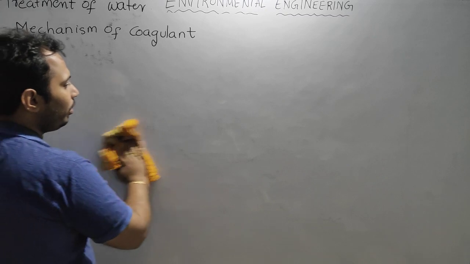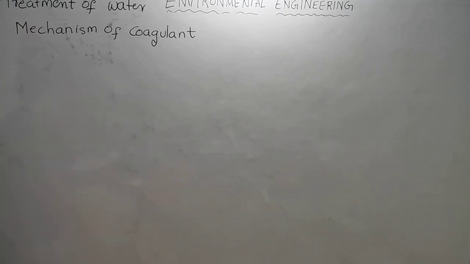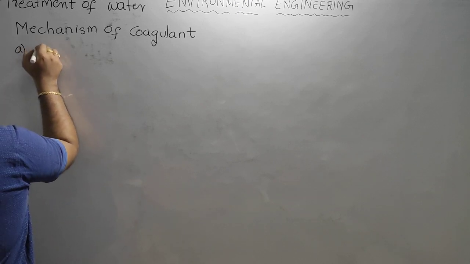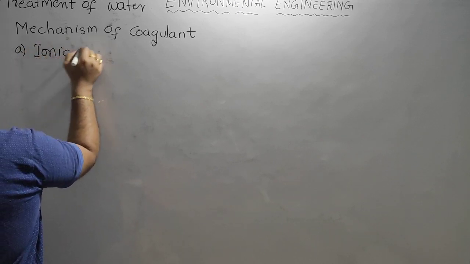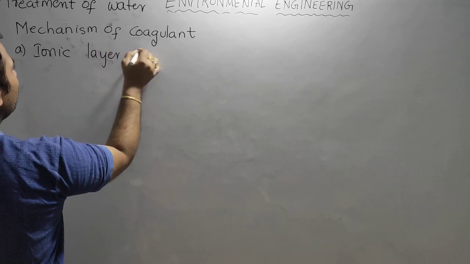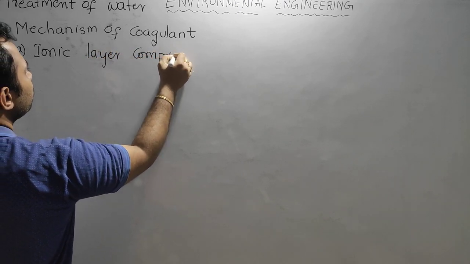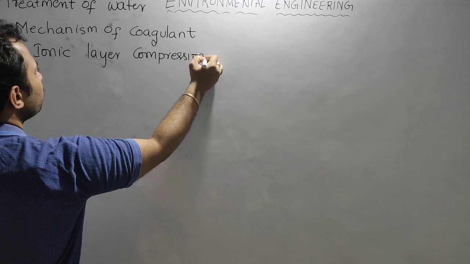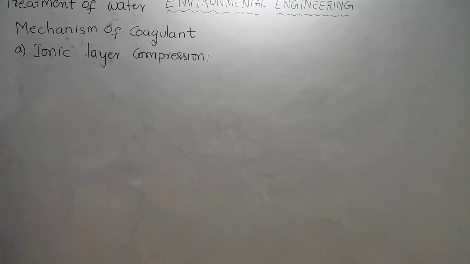Now, bringing all these negatively charged particles together is ionic layer compression. The positively charged ions present in water will surround the negatively charged colloidal particles, and the colloidal particles are sufficiently compressed.